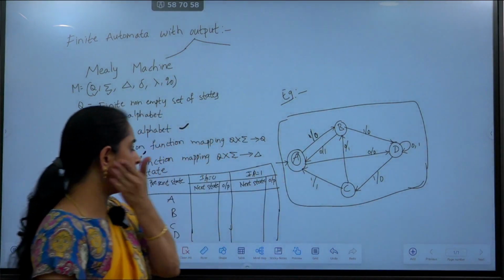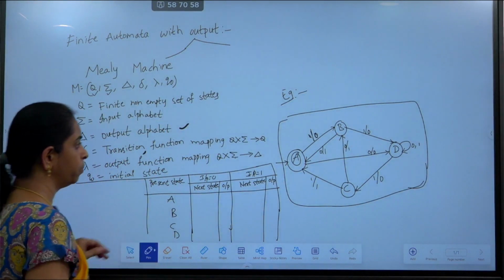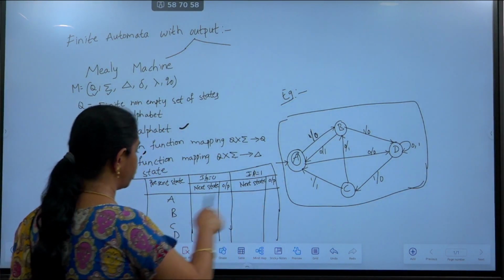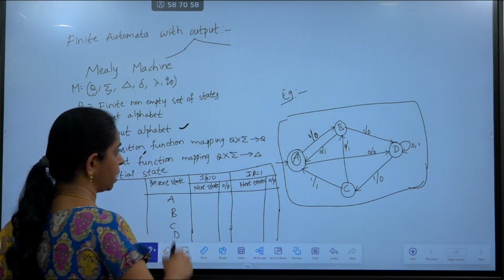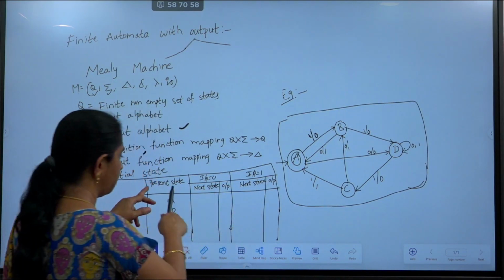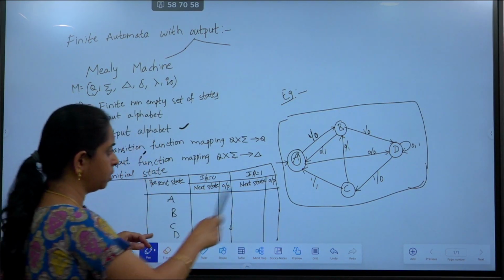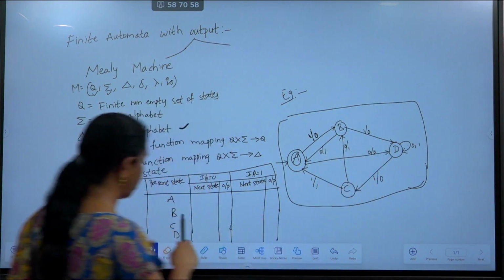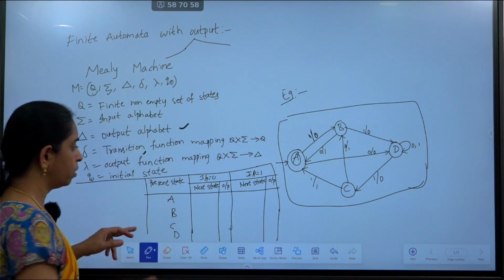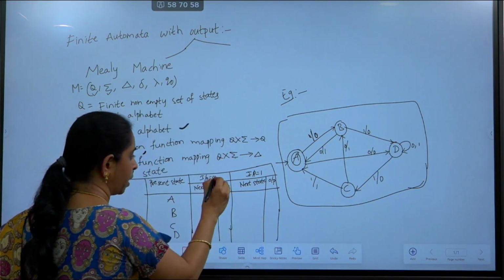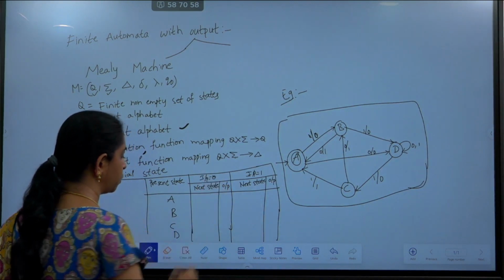Based on this, we have to go with the transition table. I will show you how to make this transition table. First, we write the present states A, B, C, D. Now we fill this table according to our Mealy machine diagram.